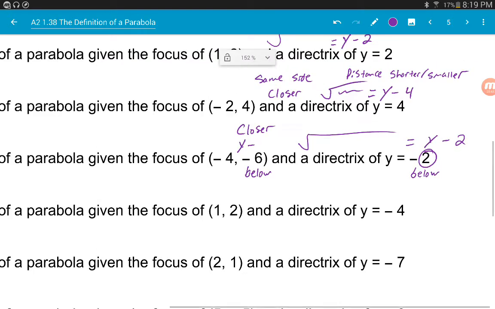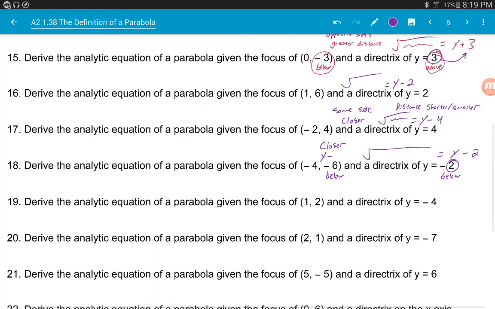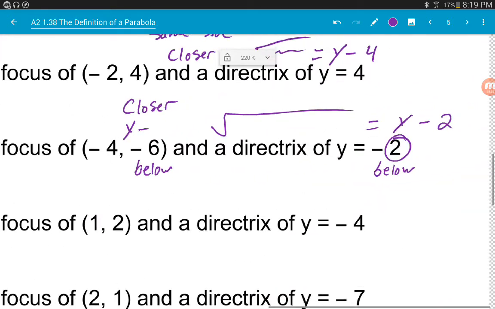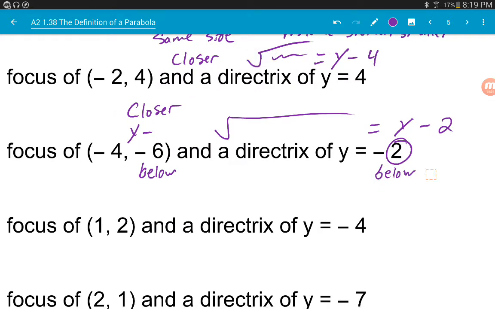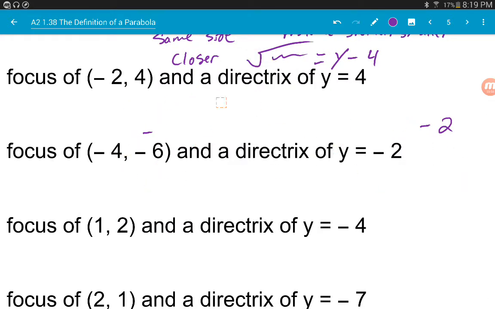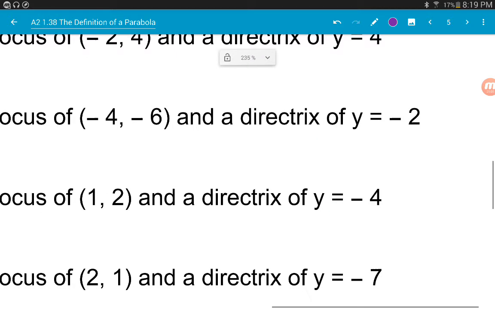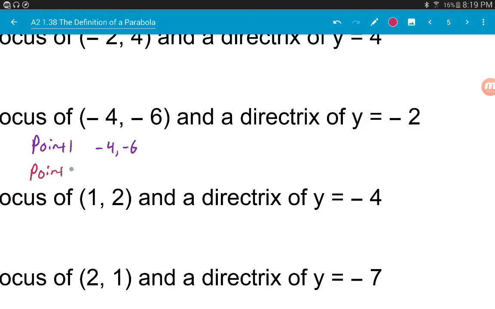Now, if you want to see the actual setup, I'll show you the setup for question number 18. They said that my point is -4, -6, and I have a directrix of y equals -2. So I say, okay, let's let point 1 be -4, -6, and we can let point 2 be x, y.